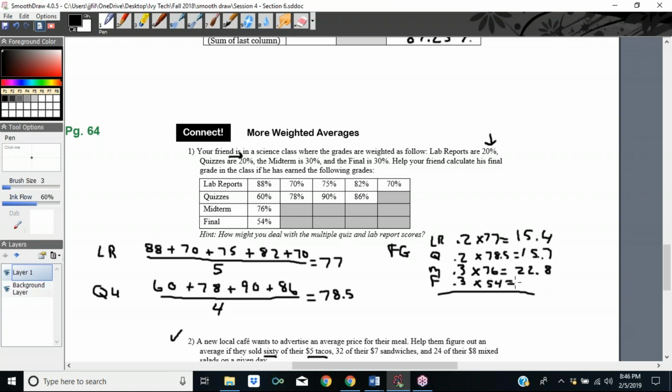And then 0.3 times 54 looks like 16.2. We're going to add all those up, and that would be the student's grade in the class. So 15.4 plus 15.7 plus 22.8 plus 16.2. And their grade would be a 70.1%.